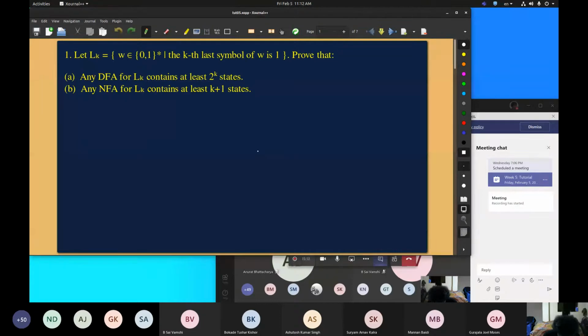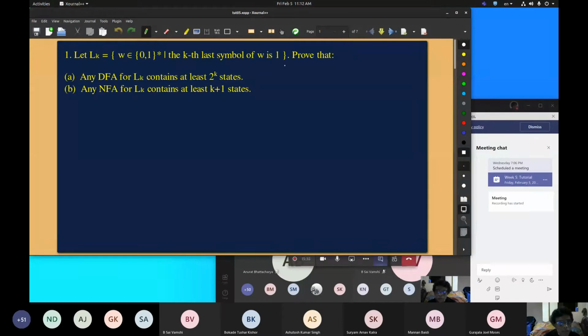So I start with this standard old problem. Consider this language LK. L stands for last. Set of all strings over 0 and 1, binary strings, such that the kth last symbol of w is 1.